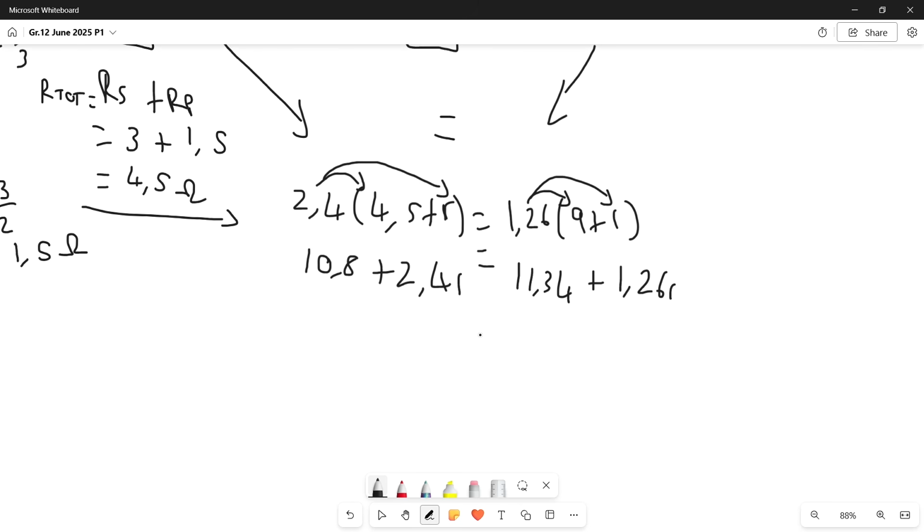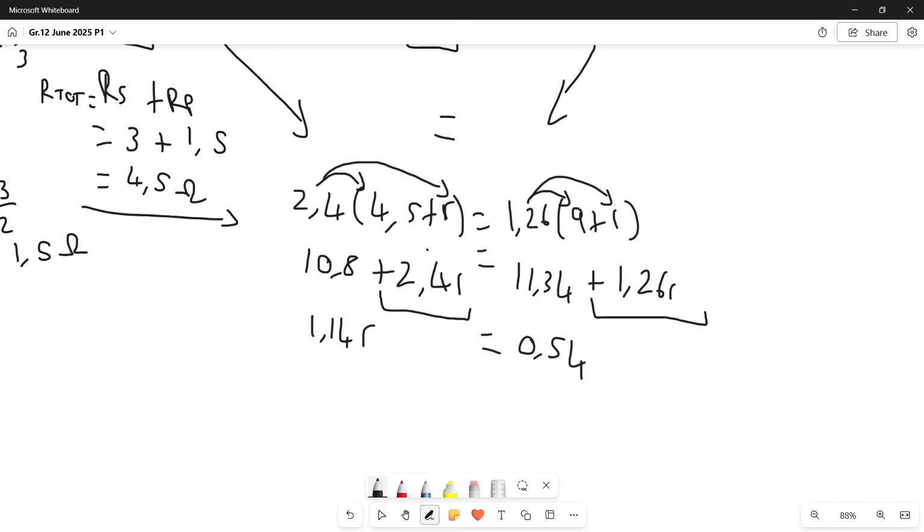Then we take our r's to one side. 2.4r is our biggest r, so it's easiest to take the 1.26r over that side. 2.4r minus 1.26r is 1.14r. And this 11.34 is the biggest one, so 11.34 minus 10.8 is 0.54.